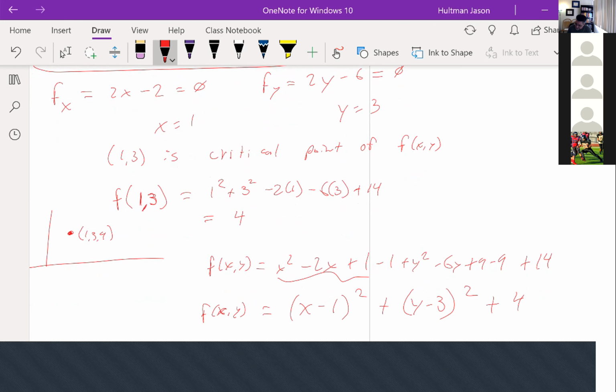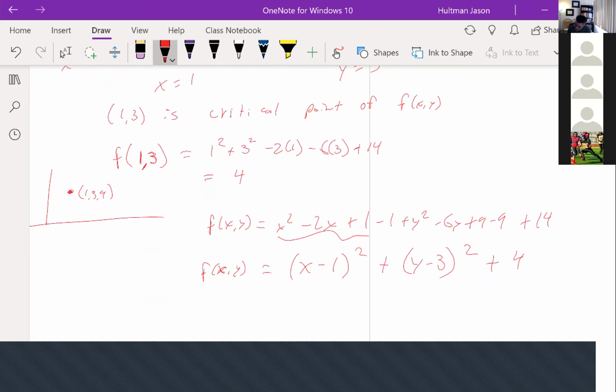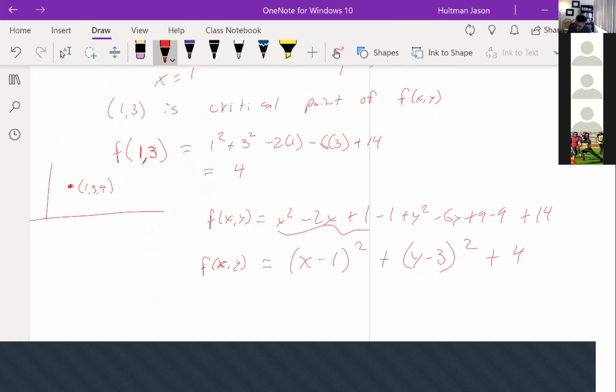Okay, so if I set f equal to k, what would I get? I would get the equation of a circle. Does that make sense? My level curves there are circles. They're just differing size radii.